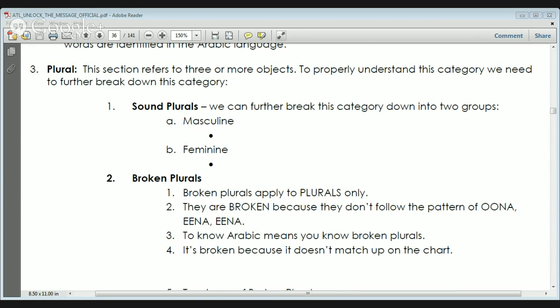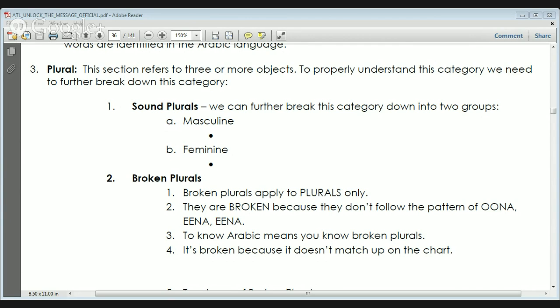Okay, Nabi and Rasul. So let's work with Nabi. How do I say Nabi for singular? Nabi, again. Yep, Nabiyani. Very good.